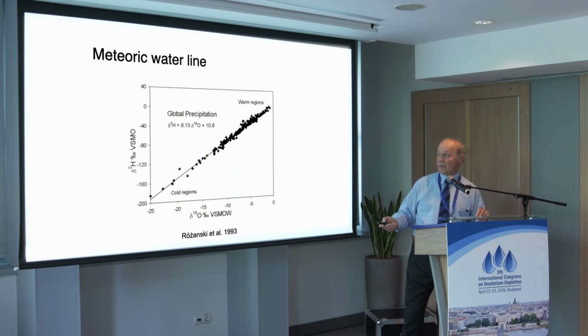The precipitation is always situated along this line. If we measure the isotopic composition of a water and it is not on this water line, it means that something happened with the water, and we have to explain it. This is a diagnostic tool for reconstructing what happened with the water.